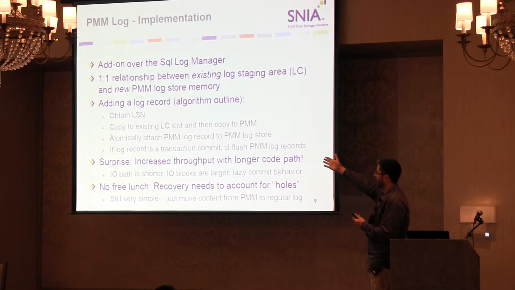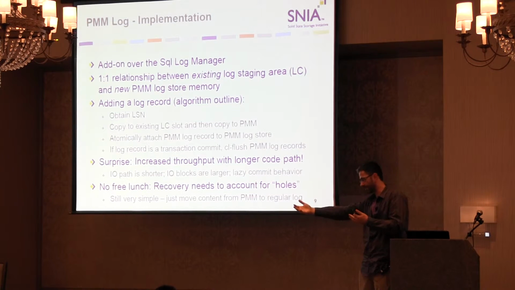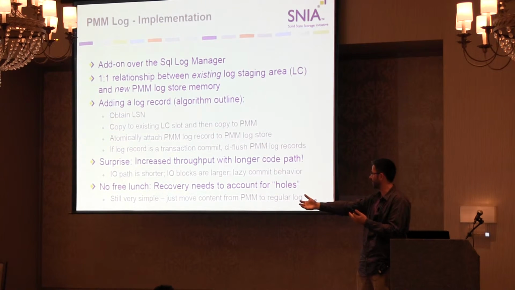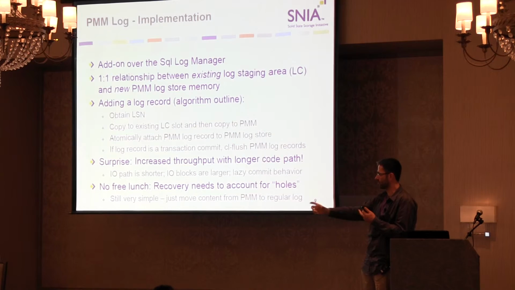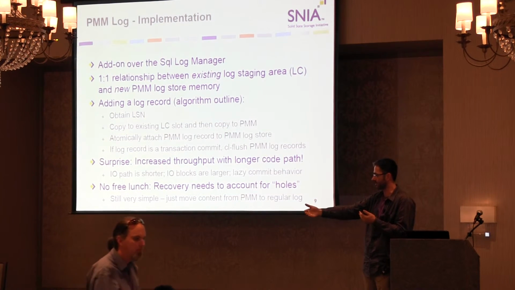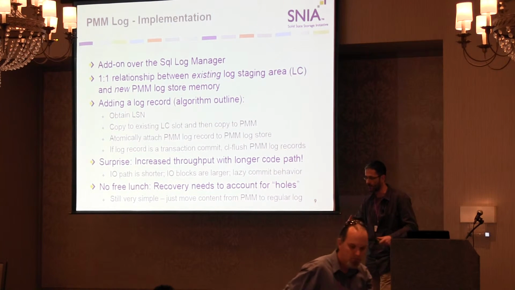Basically, this is what I'm describing there. To add a new log record, we obtain a log sequence number from the regular log stream. Then we copy the content to the existing SQL Server DRAM log stream. Then we copy the same content into persistent main memory and atomically attach this new record to the existing persistent main memory in order to make it possible for us to recover.